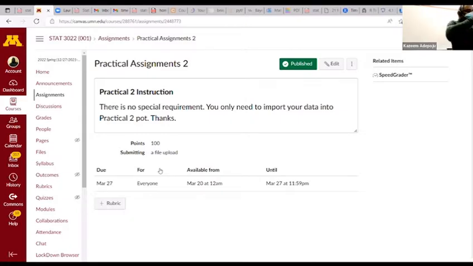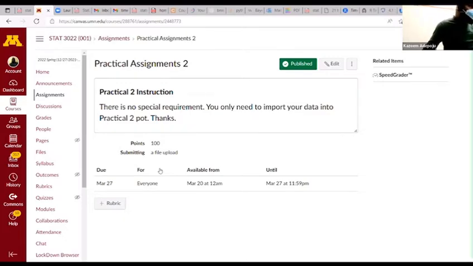The analysis and whatever you're going to do will be practical 3. In practical 3, I'm also going to release detailed instructions on maybe the minimum number of pages, and so on. Of course, that would be contained in the instruction for practical 3.